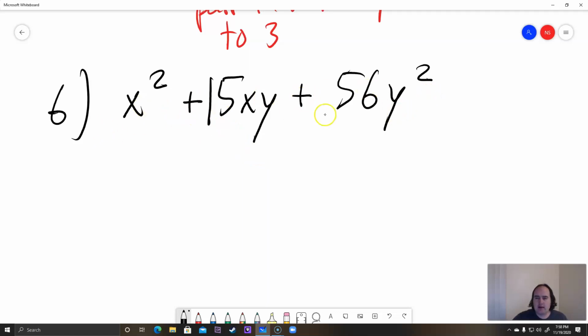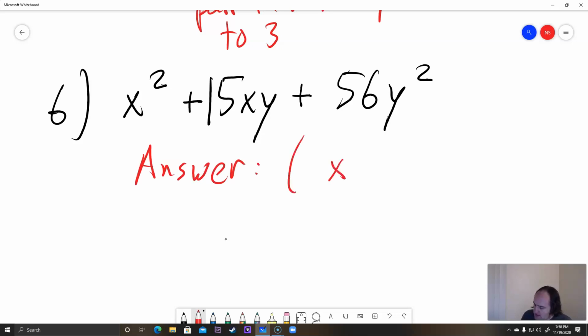So for this to work out, since we have x and y, instead of writing our answer in the usual form where we have x plus the first thing times x plus the second thing, our answer is going to have to be in the form where we have a y. So it's going to need to be in the form of something times x plus something times y, times something else times x plus something else times y.